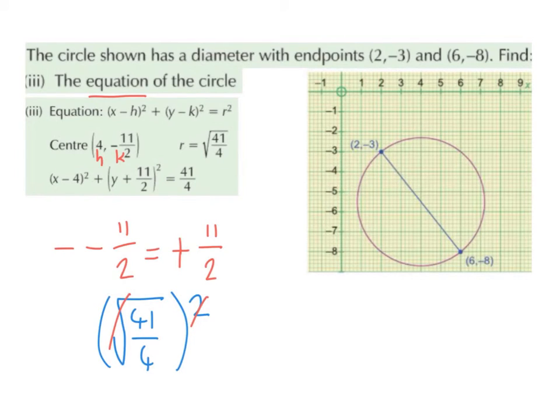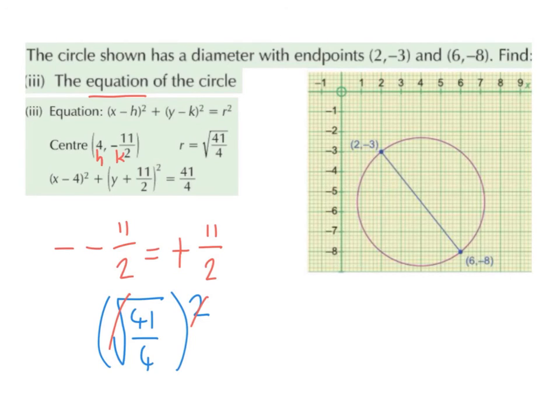So subbing into our formula, we bring down the x and the minus, we swap the h for 4, and that's squared, bring down the plus, bring down the y, and then minus k squared is going to be minus minus 11 over 2, and minus minus 11 over 2 is plus 11 over 2, so that's where the plus comes from, plus 11 over 2 squared, and this is equal to r squared.